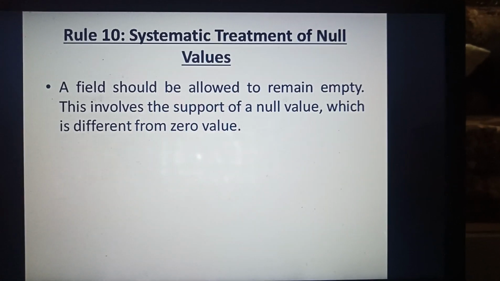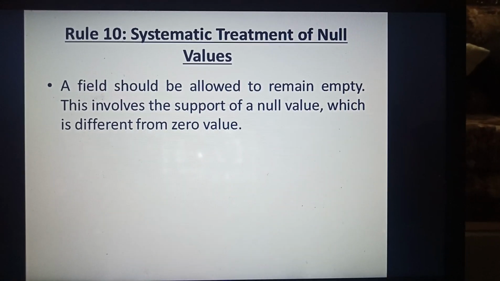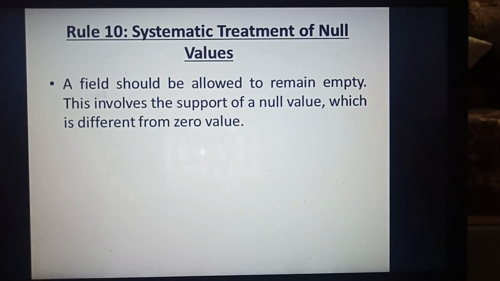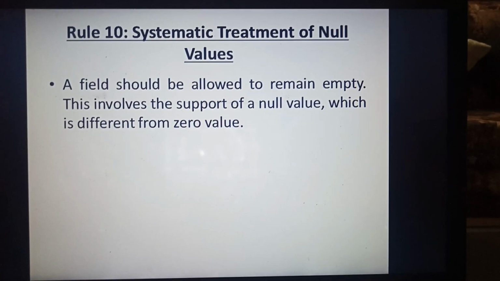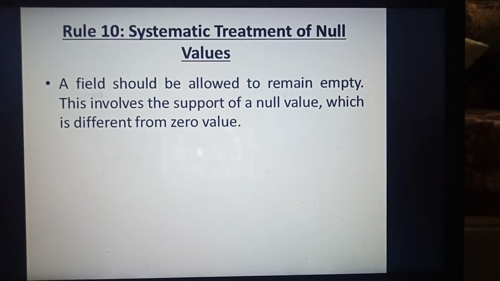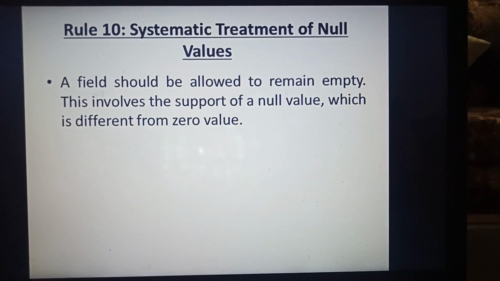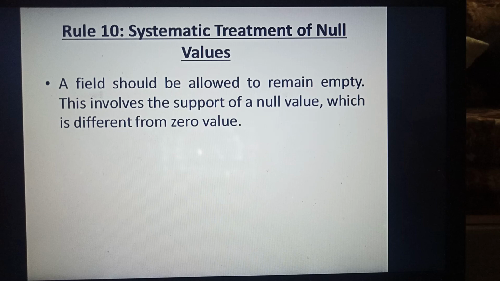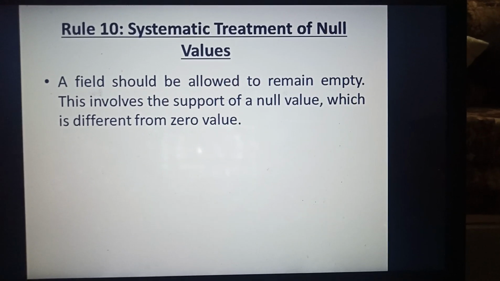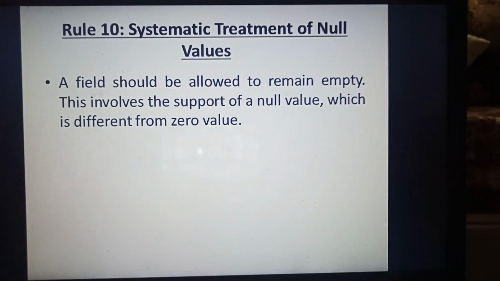Rule 10th is systematic treatment of null values. A field should be allowed to remain empty. This involves the support of a null value which is different from a zero value. Now, null value is not similar to a zero value. So, a field should be allowed to remain empty and we call that value null value.